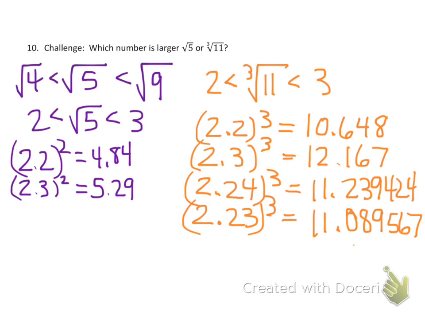So we think our number is pretty close to in the middle of this. Let's try 2.25 squared. Now we're back to squared again, right?